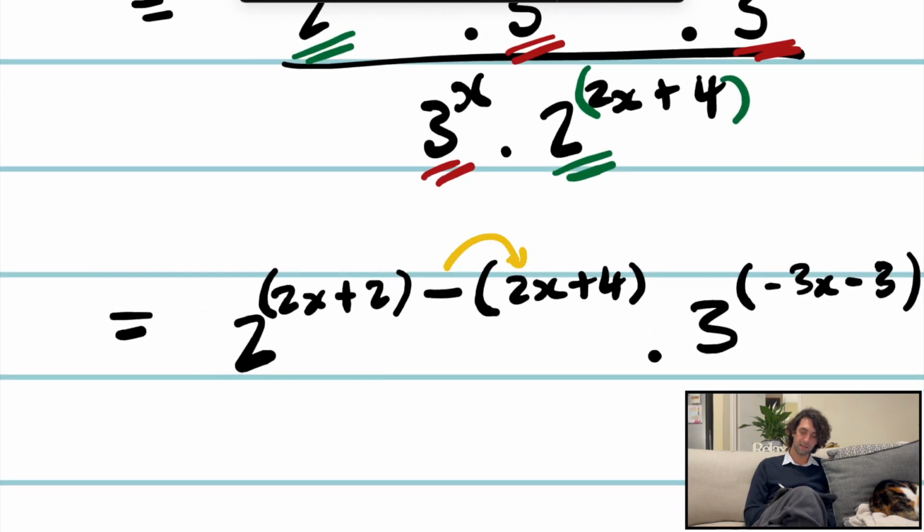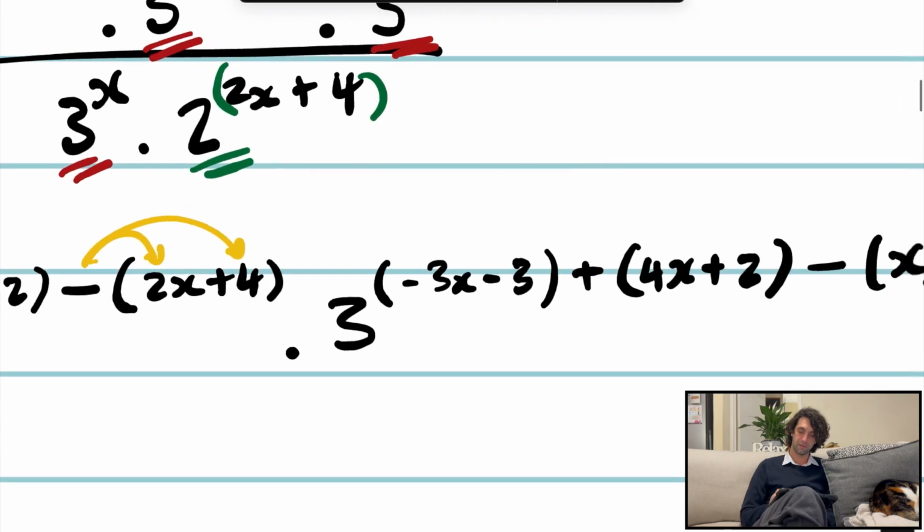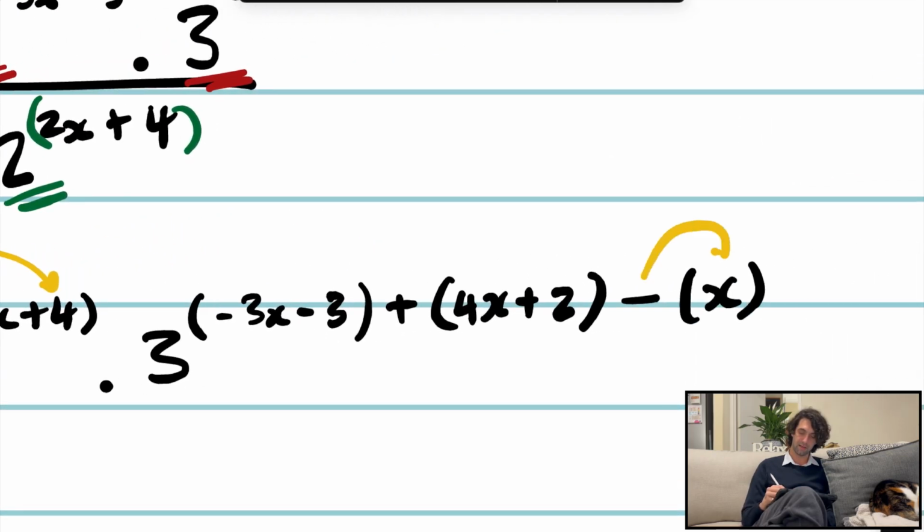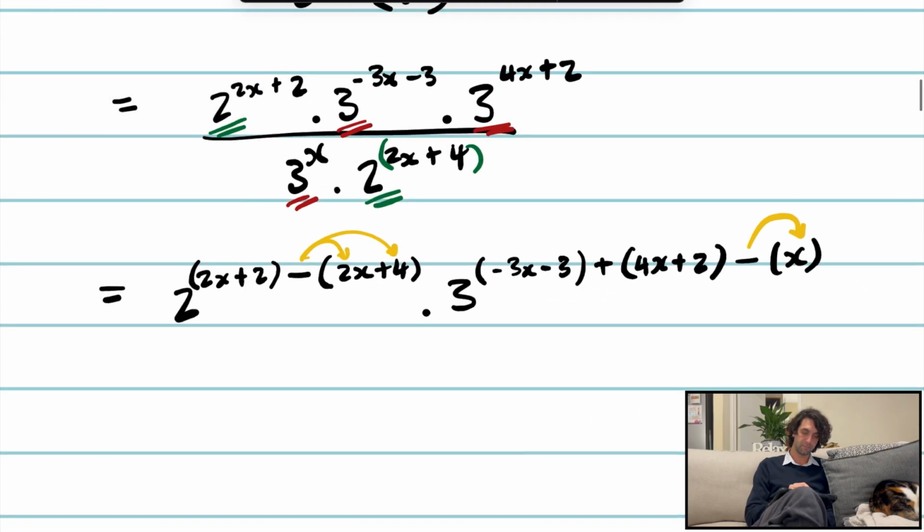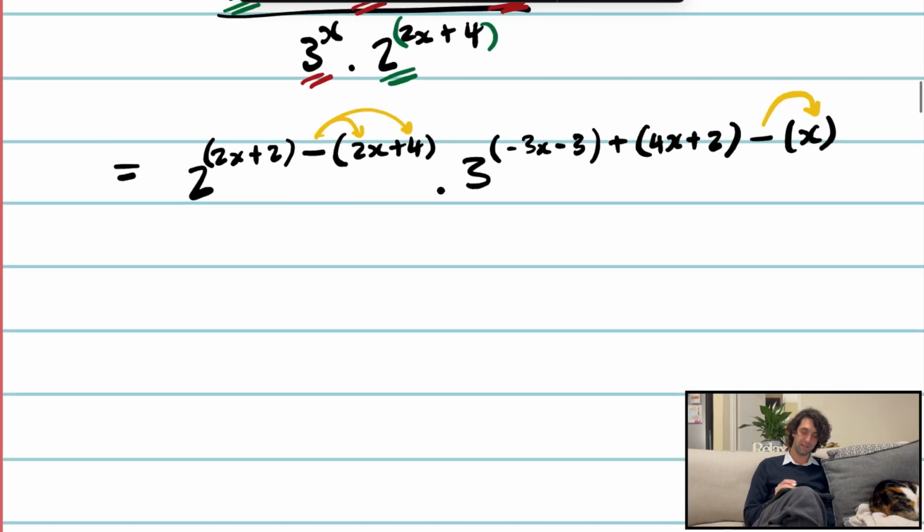Okay, and now we can simplify by dropping our brackets. Wherever you see a negative, we're going to change the symbols inside, so this and this is all going to become negative. I'm going to very simply, step by step, drop my brackets.